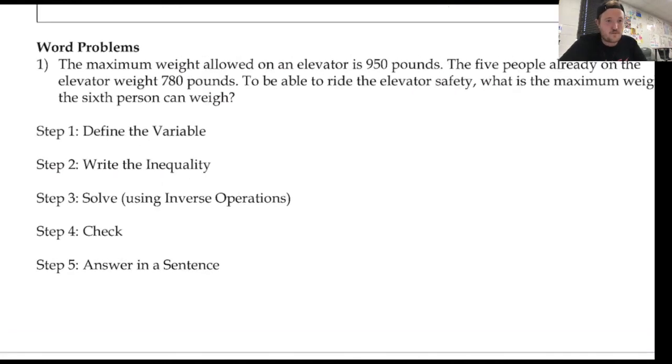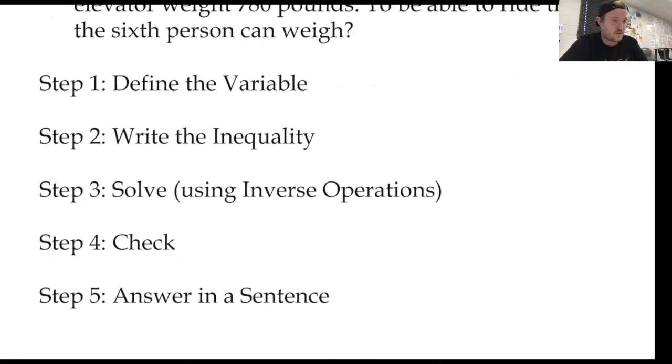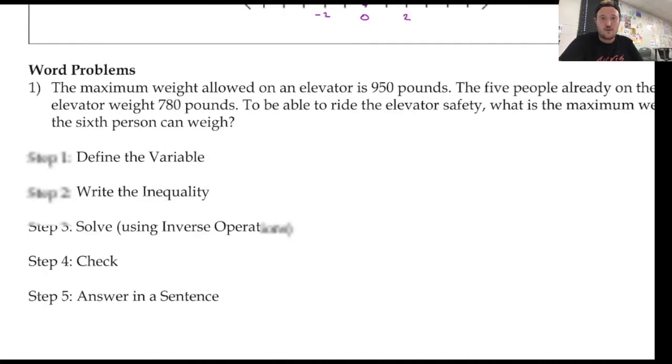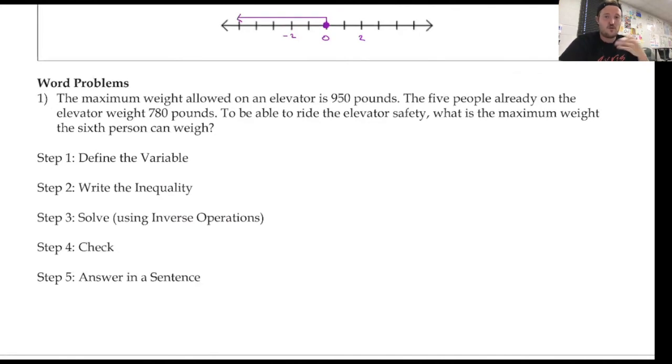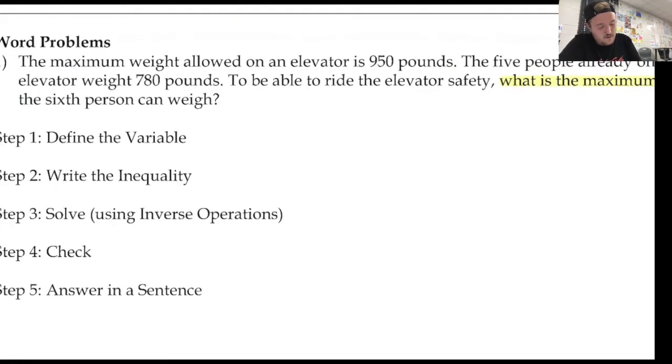All right, so there's a 5-step process for these, and I wrote out the steps for you for the first one. So the first thing you have to do is define the variable. So I tell you guys to look at what's the ultimate question. When I say the ultimate question, that's usually at the very end. So it wants to know what is the maximum weight the 6th person can be or weigh.